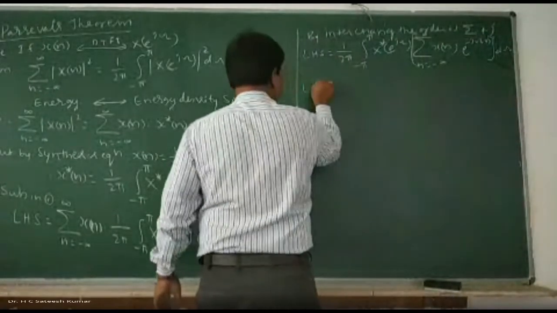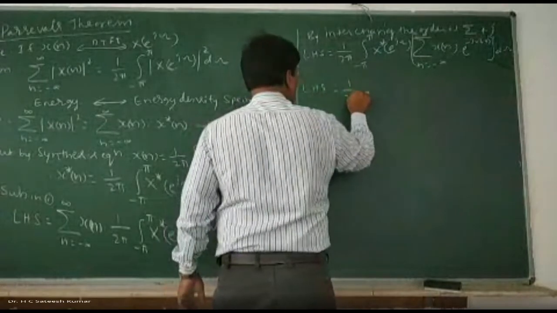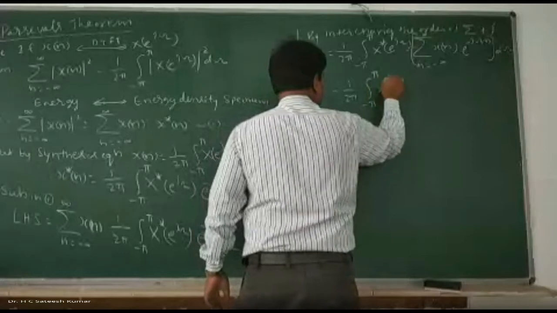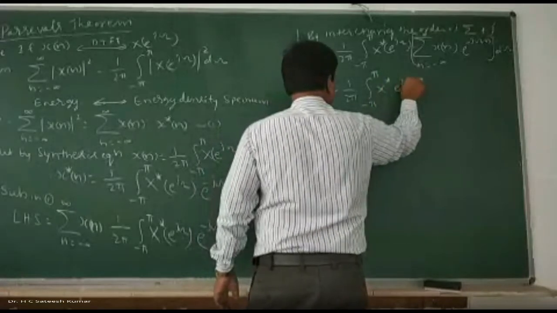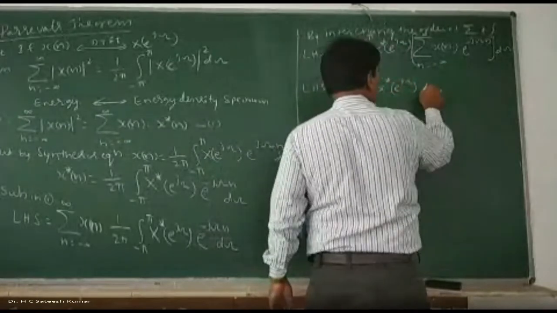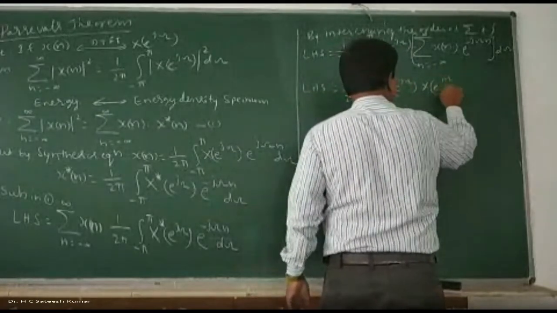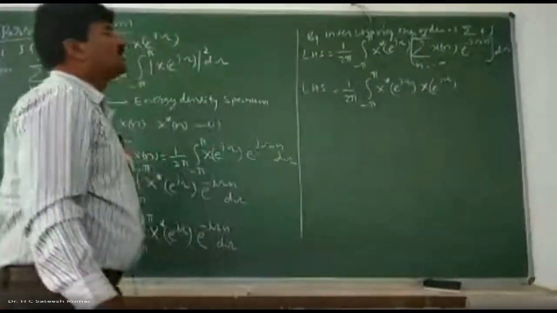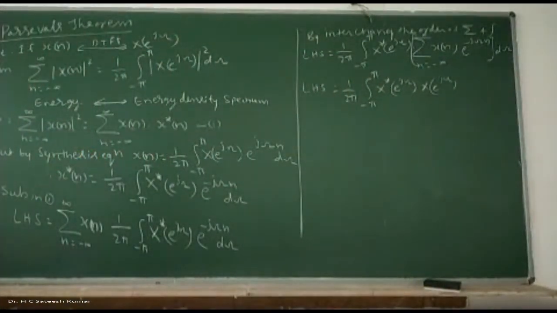So LHS is equal to what? 1 over 2 pi into integration from minus pi to plus pi x star of e to the power of j omega. This is by definition x of e to the power of j omega. Summation n varies from minus infinity to plus infinity x of n into e to the power of minus j omega n is nothing but x of e to the power of j omega.